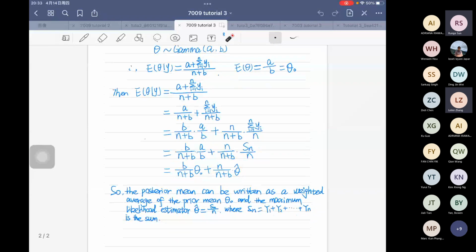For the posterior mean, we need to find a way to make the right hand side show theta naught and theta hat. So I just did some rewriting in this form.